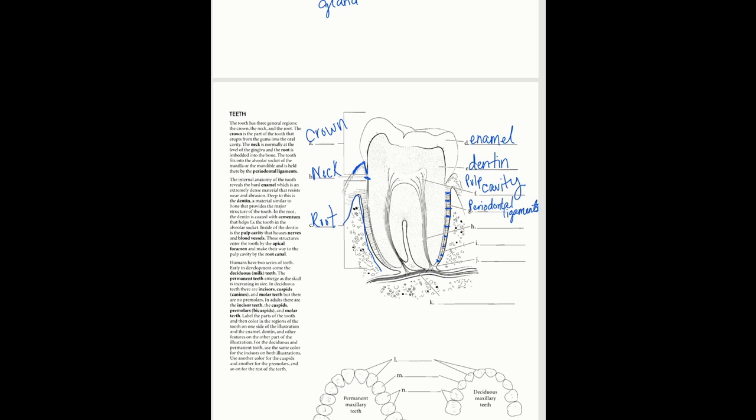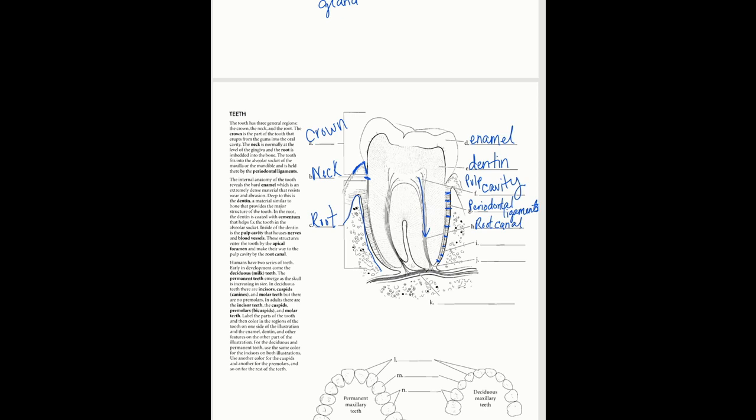And then following the pulp cavity, if we go inferior, we have this canal called a root canal. I'm sure we've heard this term before. And the root canal is going to be essentially our passageway for nerves to be able to travel up into the tooth so that they can be housed in that pulp cavity.